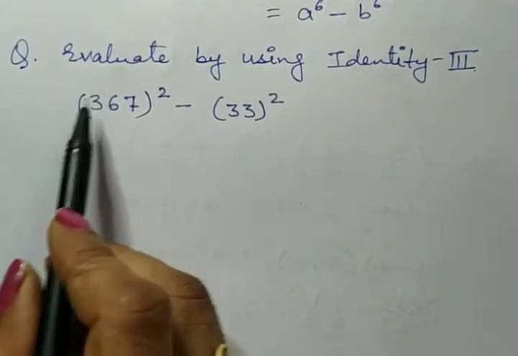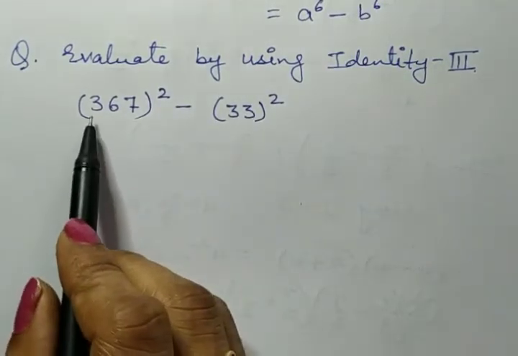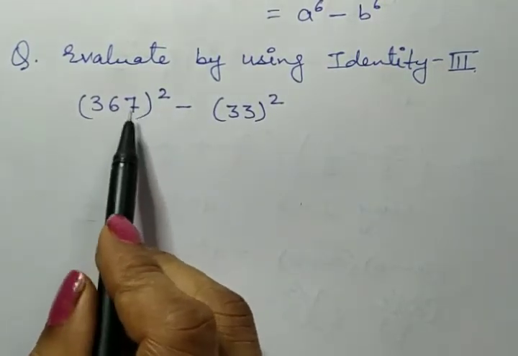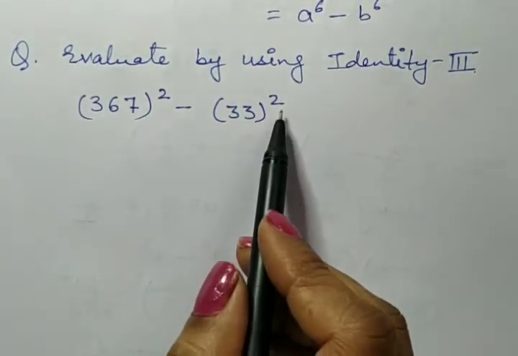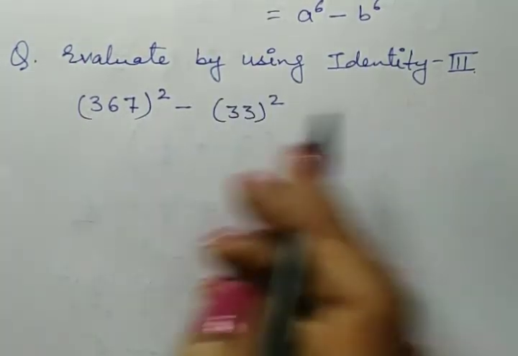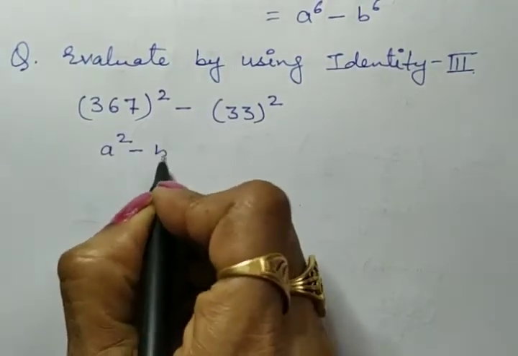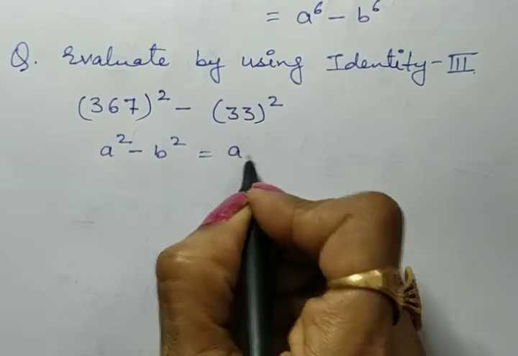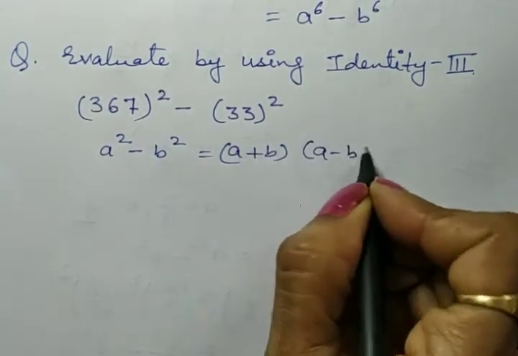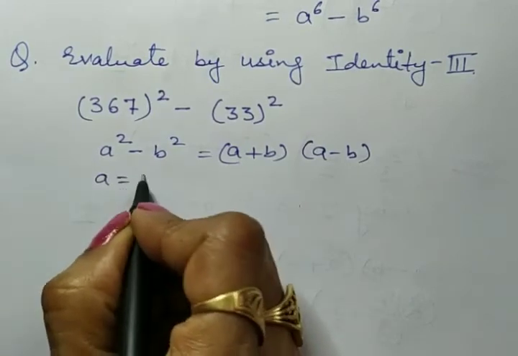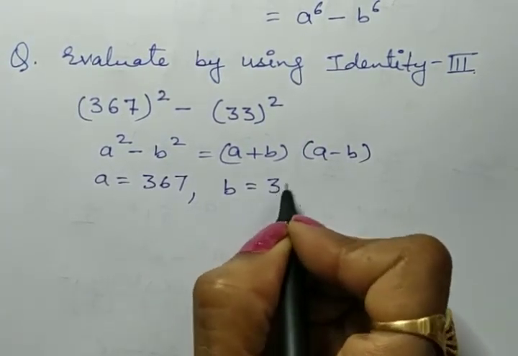In this, evaluate by using identity 3. The question is 367 to the power 2 minus 33 to the power 2. Using identity 3, that is a square minus b square is equal to a plus b multiplied by a minus b, where a is equal to 367 and b is equal to 33.